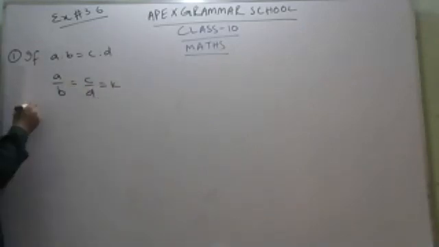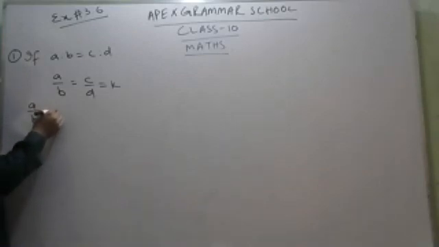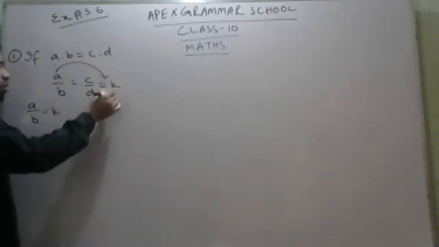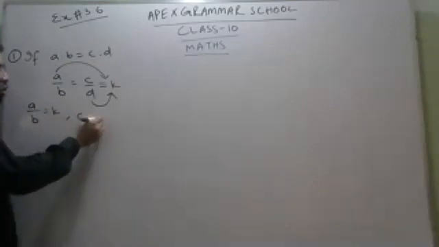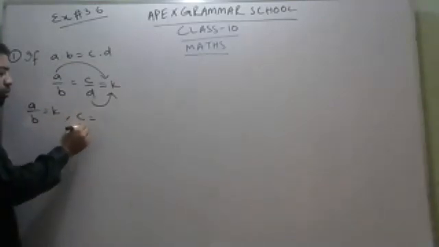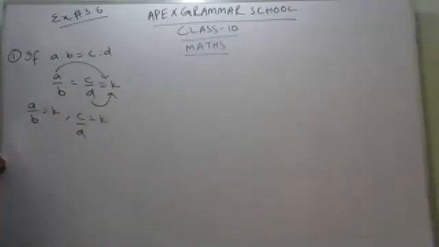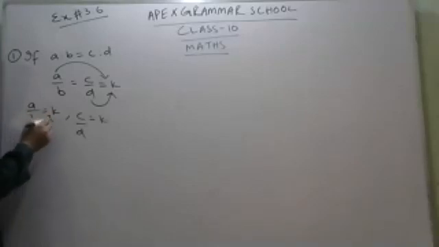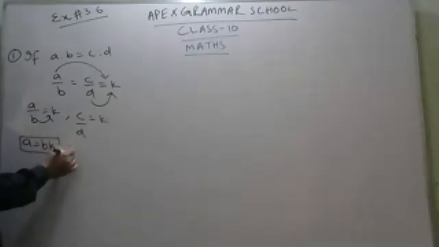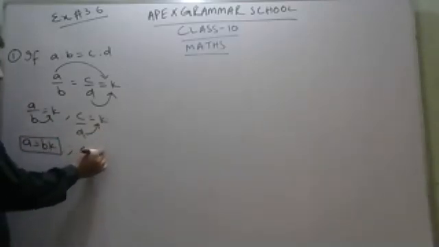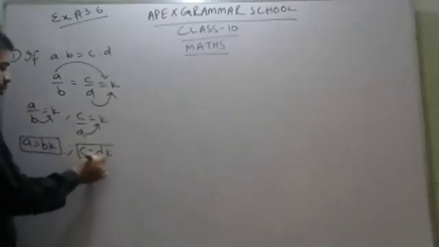That makes A over B equal to K. If A over B is equal to K, then C over D must also be equal to K. So the relation will be A is equal to BK and C is equal to DK.